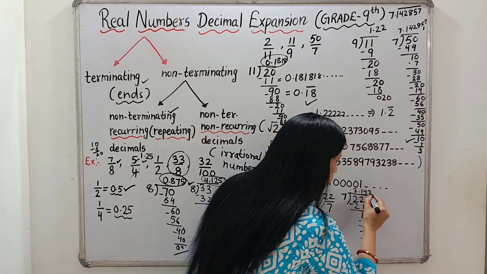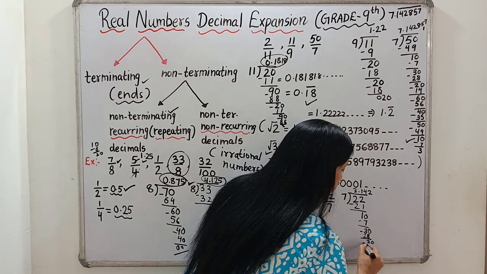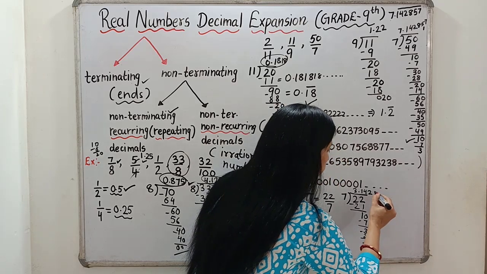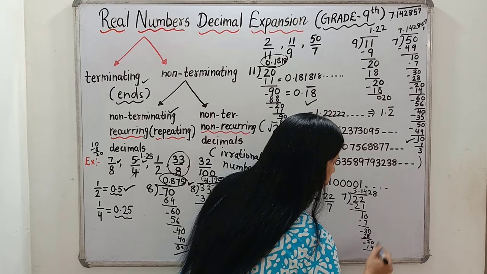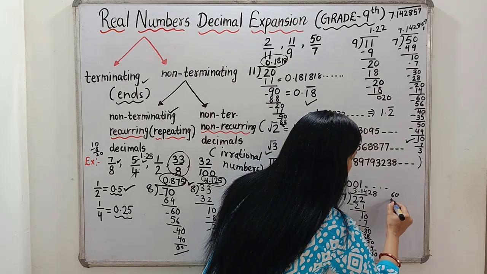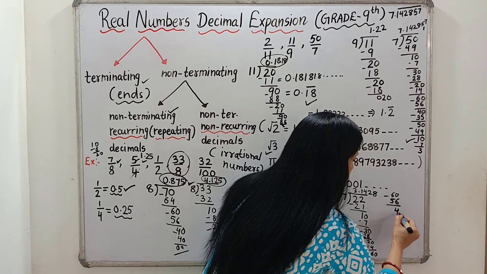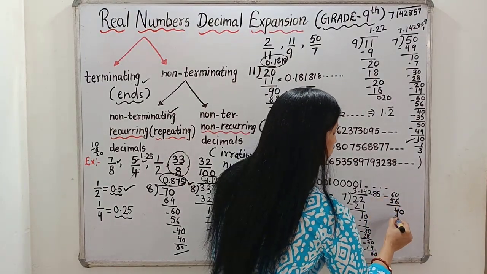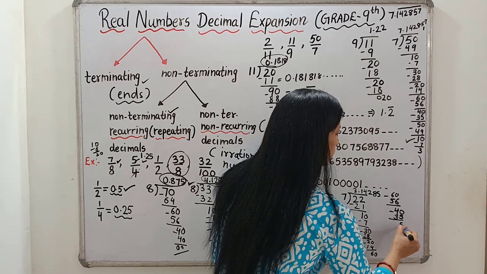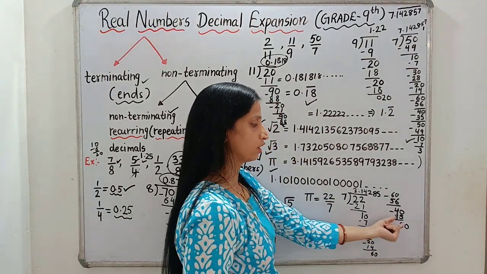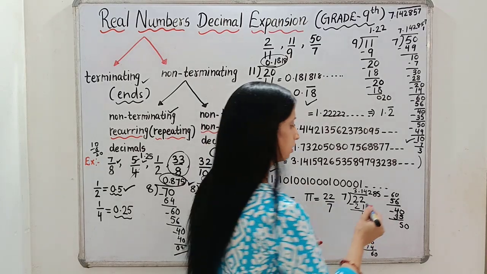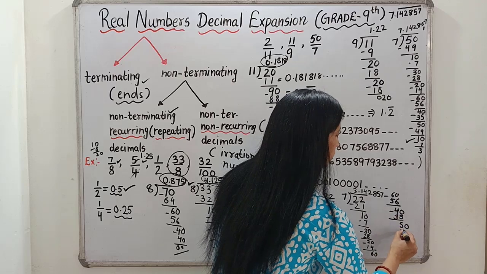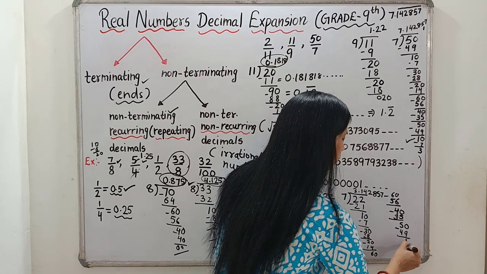Then again 7 2s are 14. 20 minus 14 is 6. Then 7 8s are 56. So 60 minus 56 is 4. Then 7 5s are 35. 40 minus 35 is 5. We put 0 here. 7 6s are 42. 7 7s are 49. Then again we are left with 1.